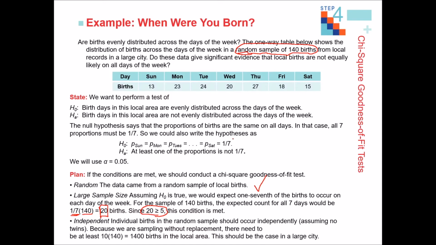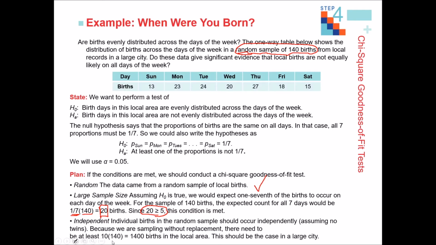A couple things we want to go through, though. First of all, individual births in the random sample should occur independently. This basically means that one baby being born on a Wednesday doesn't affect when another baby is born. This should be true except for twins, so we'll take that as mostly good. We are sampling without replacement, so there need to be at least 10 times the sample size, or 1,400 births in the local area.